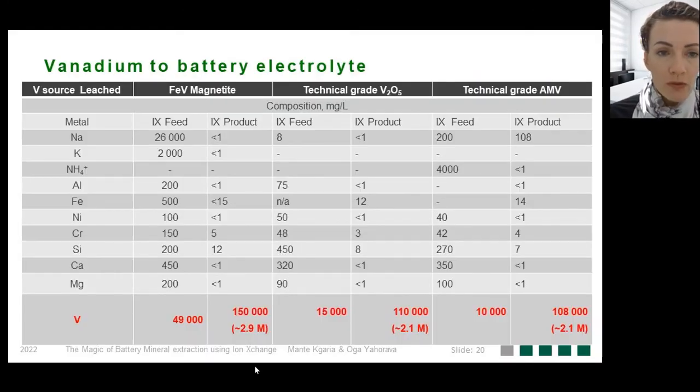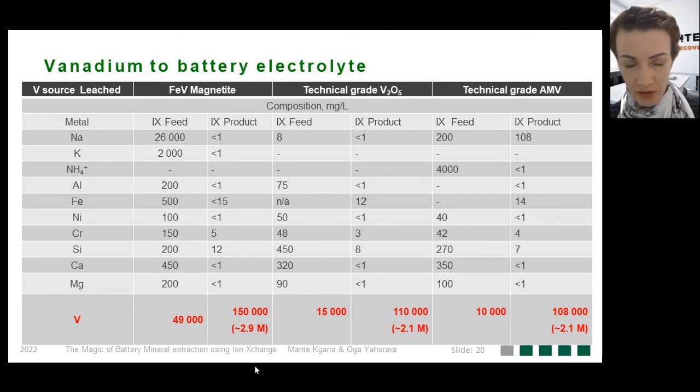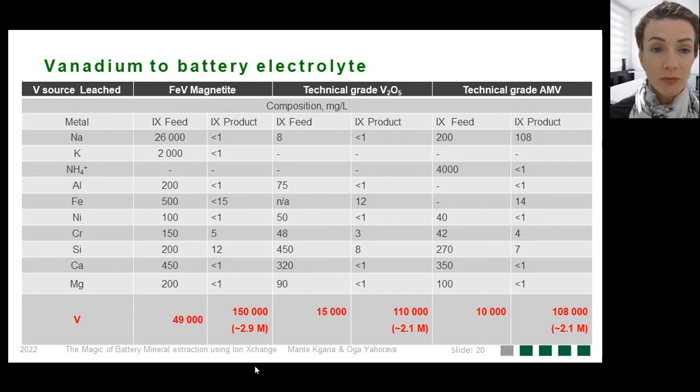So this process was used not only for the primary recovery from the leach liquor and producing the battery grade product, but also we did demonstrate that it can be used to purify the technical grade V2O5 or technical grade ammonium metavanadate salt.